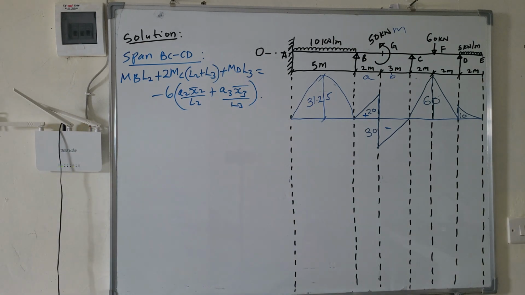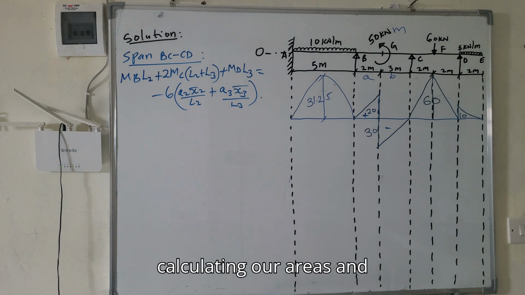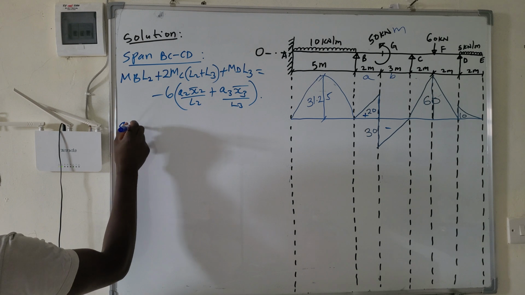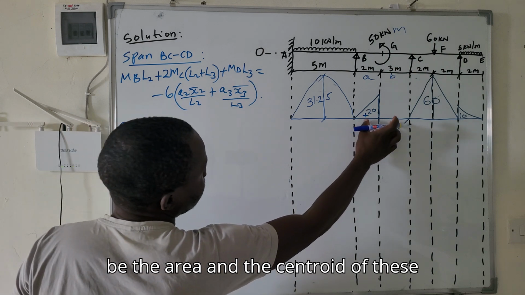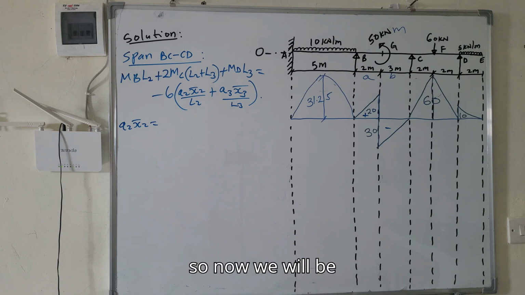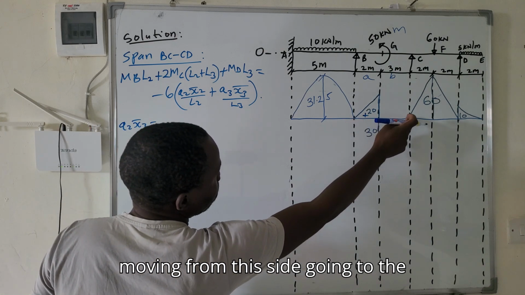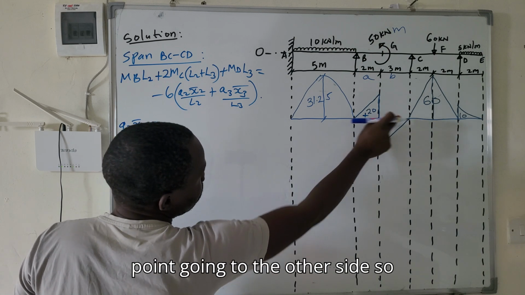After doing so, you can begin by calculating our areas and its centroid. So A2 x bar 2 will be the area and the centroid of these two triangles. So now we will be moving from this side, going to the common joint, which is C. So we will begin calculating our centroid from this point, going to the other side.